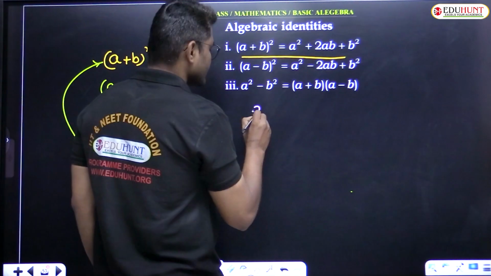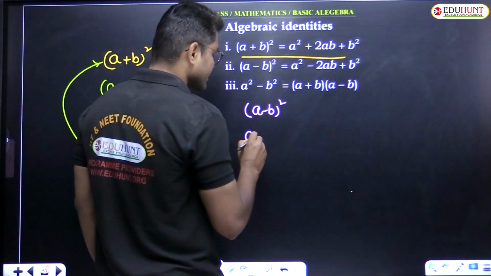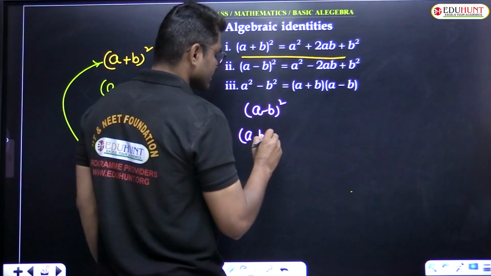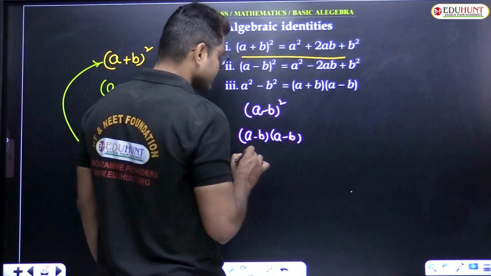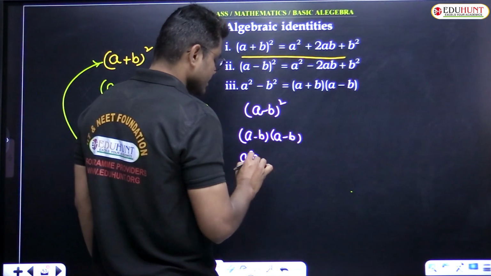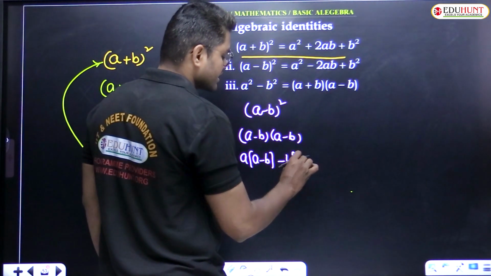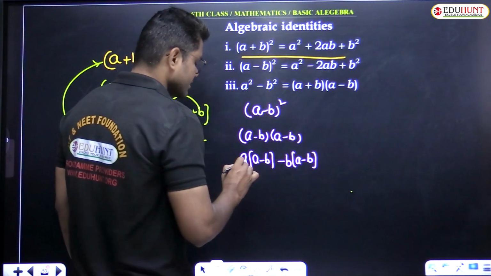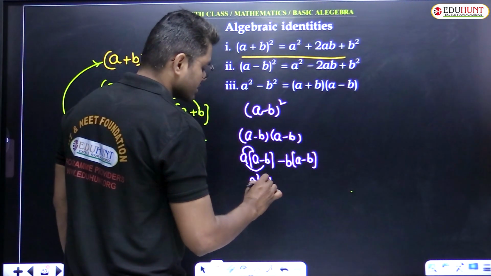How do we get a minus b whole square equal to a square plus b square minus 2ab? A minus b whole square can be written as a minus b into a minus b. Multiply a into a minus b, minus b into a minus b. A into a is a square, a into b is ab.